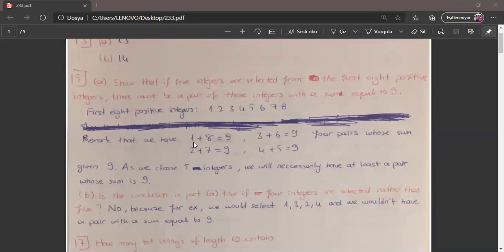For example, if we chose 1, 2, 3, and 4, then the 5th number will be one of these pairs, okay? So at the end, we'll have a pair whose sum is 9.